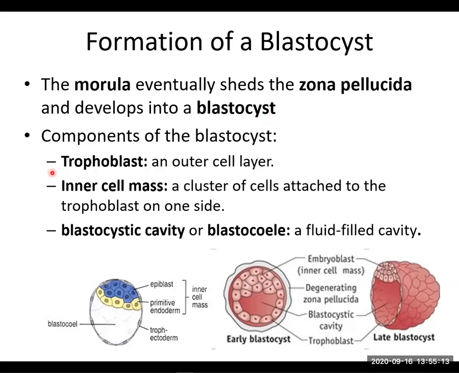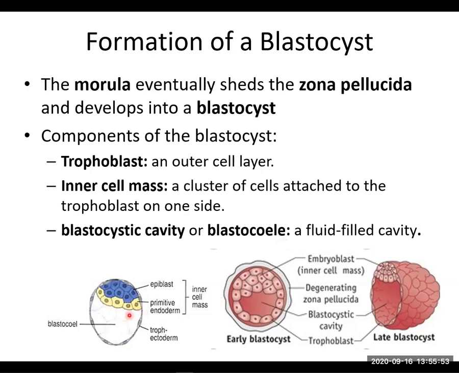One is called the trophoblast, which forms the very outer cell layer, and the other cells form the inner cell mass attached to one side, so they are not spread apart. They are in one corner of this entire blastocyst. Inside it, one feature is the fluid cavity called the blastocystic cavity or blastocoel.